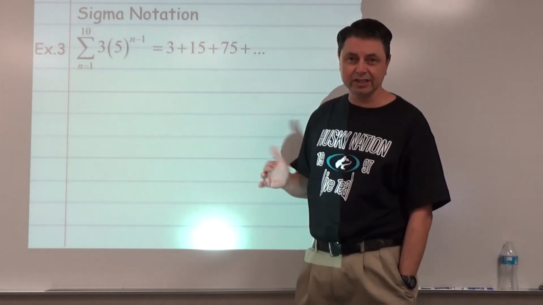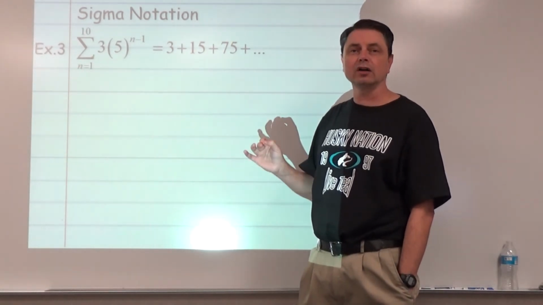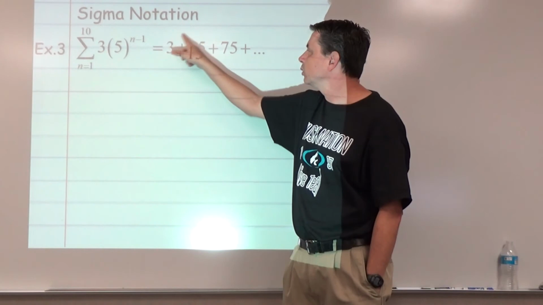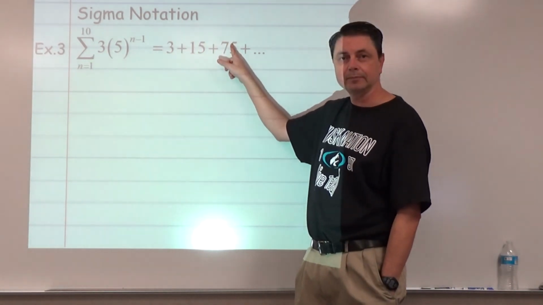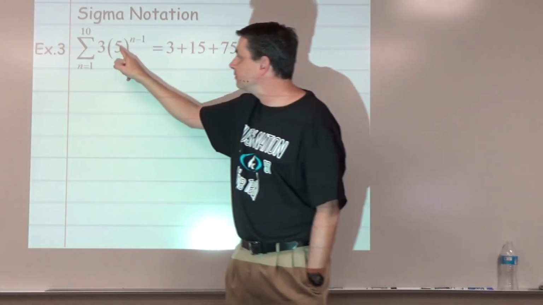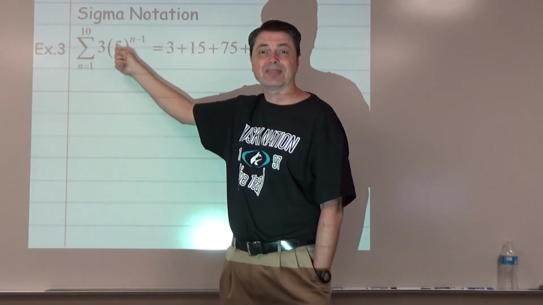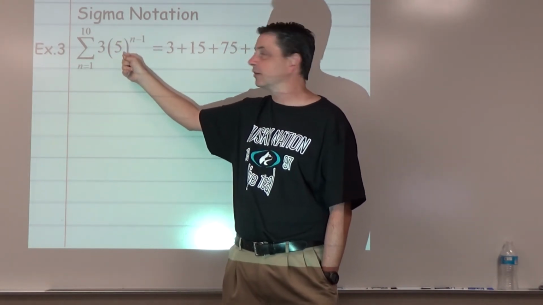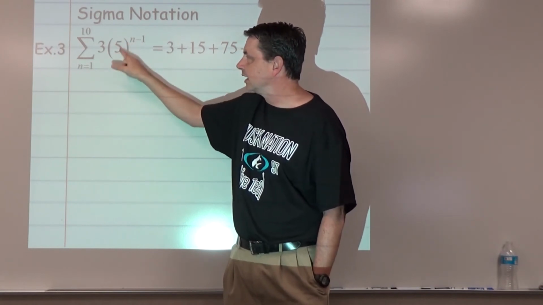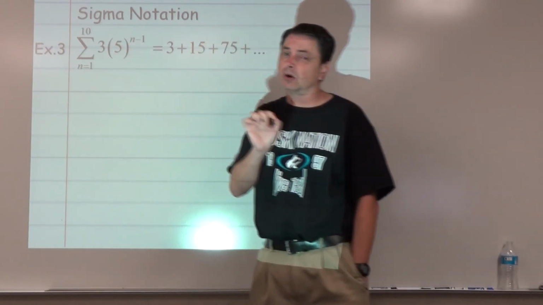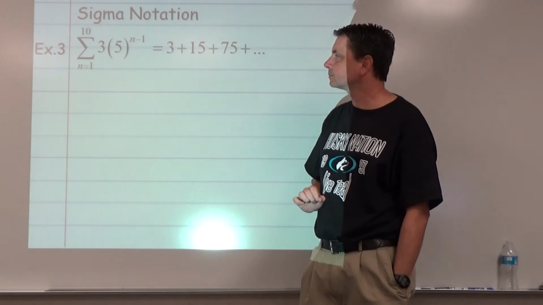So the question is, what is the r value? What are we multiplying by each time? It's the 5. So it's the base of the exponent. That's going to be your r every time. So it's right there. Whatever's being raised to the power, that's your r.